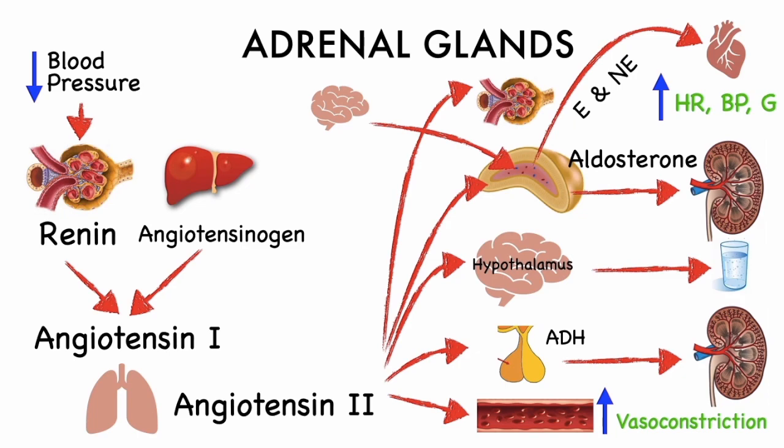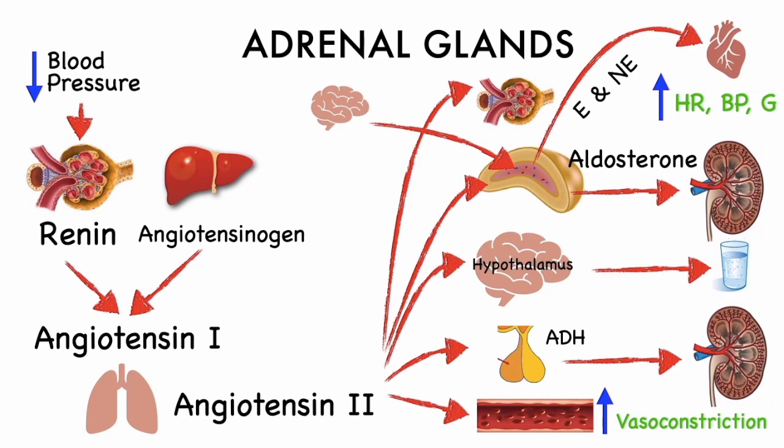And angiotensin 2 does all kinds of things. It looks like we have 5 different things angiotensin 2 does. First, it's a potent vasoconstrictor. It increases vasoconstriction. So as you can imagine, if you can constrict your blood vessels, you can restore blood pressure once again. Also, angiotensin 2 will cause the pituitary gland to secrete ADH.